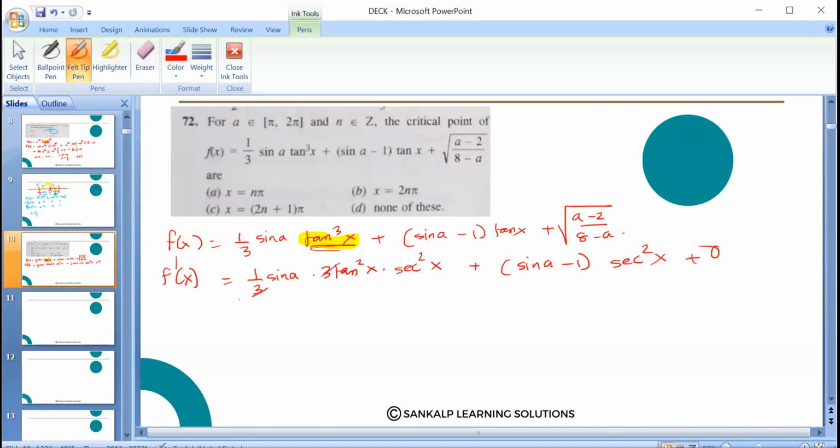So 3 and 3 will cancel, no denominator. You can take secant square x common. Left is sine a into tan square x plus sine a minus 1, and set it equal to 0.